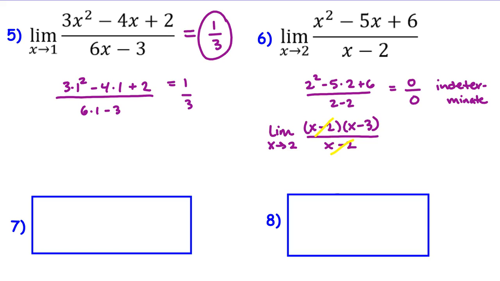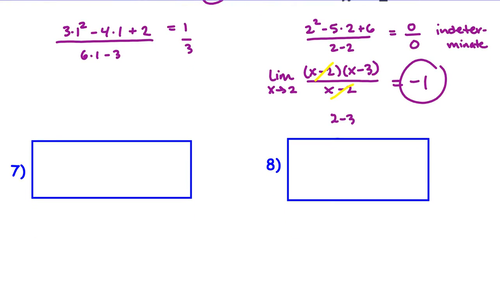But if we're working on limits, we don't really care if there's a hole there because we're just looking at what the function is doing as we get really, really close to 2, not actually at 2. Okay, once you've canceled, you can try direct substitution again. Now we have 2 minus 3, and that's negative 1. So this limit actually did have a value, and it was negative 1.